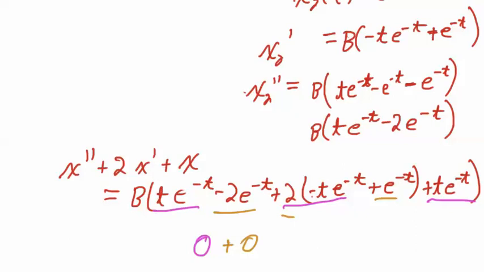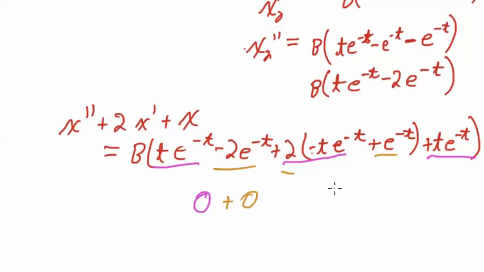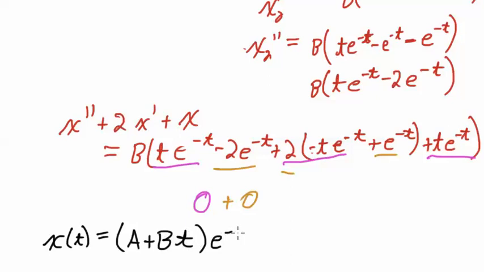So that means that any function x of t of the form a plus bt times e to the negative t is going to satisfy the differential equation. It's going to satisfy Newton's second law of motion.